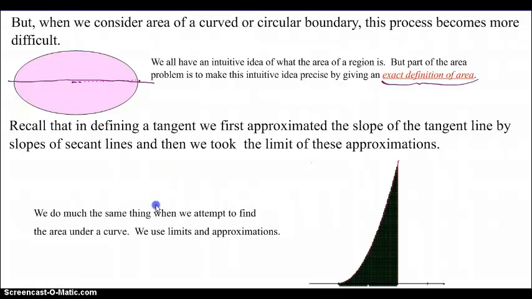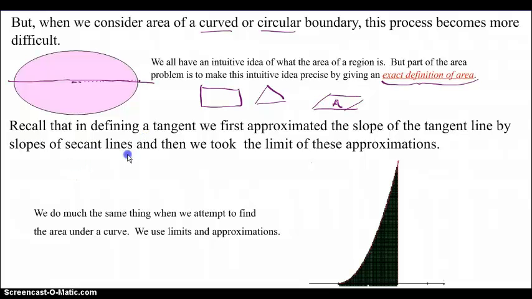But if we have a curved or circular boundary, something that's not a regular polygon, anything that had a linear side, even if it was leaning on its side, we still had a formula where we could find the area of that linear figure. Well, as soon as curves or circular boundaries come into play, we had an issue in geometry. As a matter of fact, we didn't even really look at anything beyond the area of a circle.